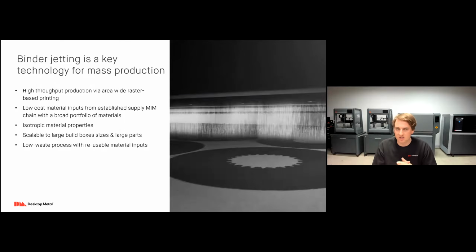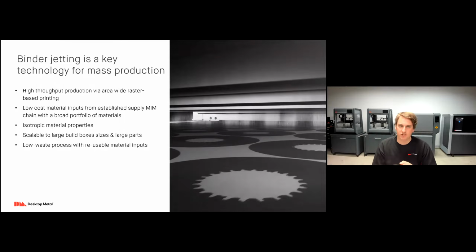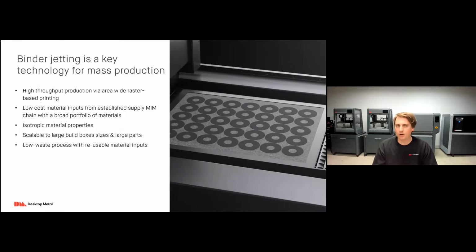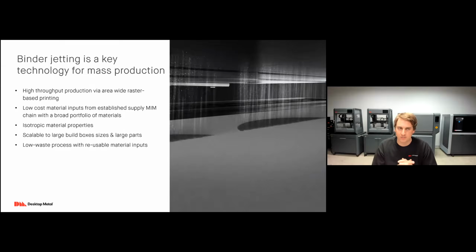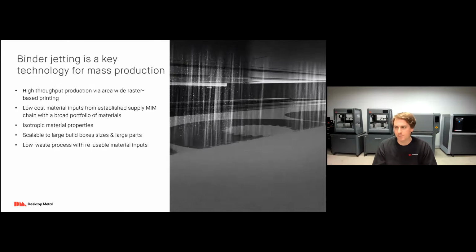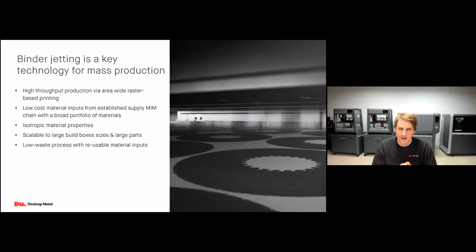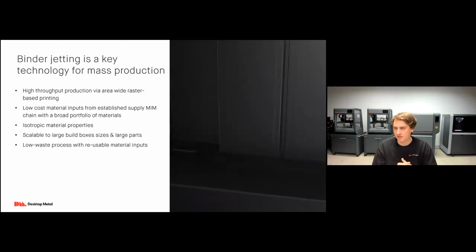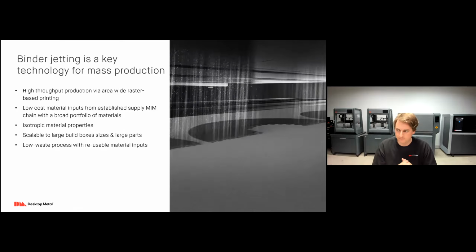We're also utilizing these low-cost, established metal injection molding supply chains that allow for a printing of a wide range of different materials. You get these isotropic material properties thanks to the sintering process, and you have these scalable large build boxes that allow for hundreds of parts or large parts to be produced.